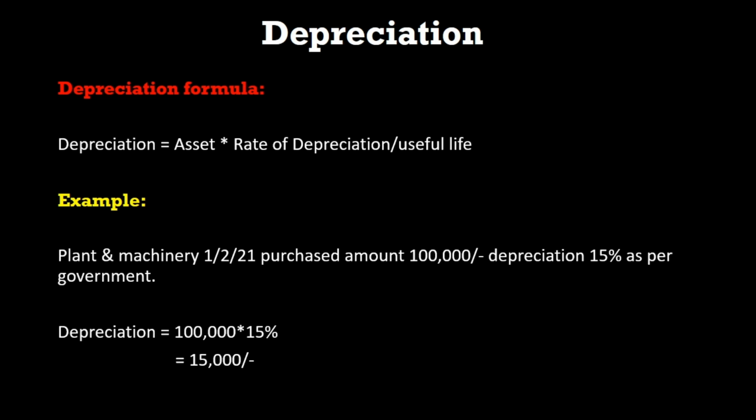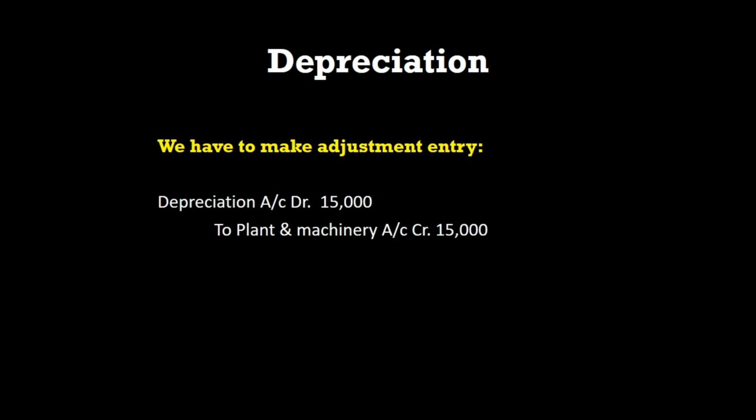Now see how we make the adjustment entry for the same 15,000. Depreciation account debit 15,000, to plant and machinery account credit 15,000. That means we are reducing it from the machinery's original value.